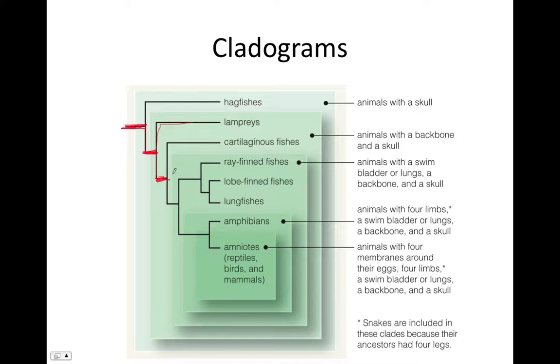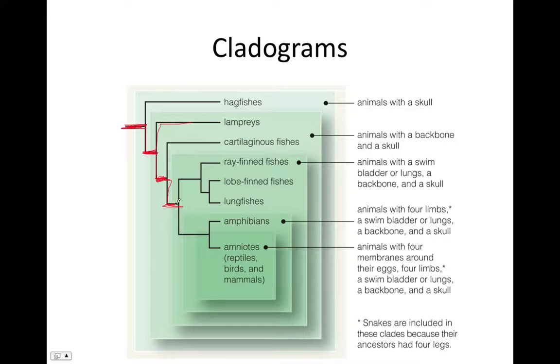That just splits into cartilaginous fish. Okay, and then it splits again. So that's not its own particular group. That splits based off something that's not labeled here. Then this branch represents all animals that have a swim bladder or lungs, a backbone, and a skull.